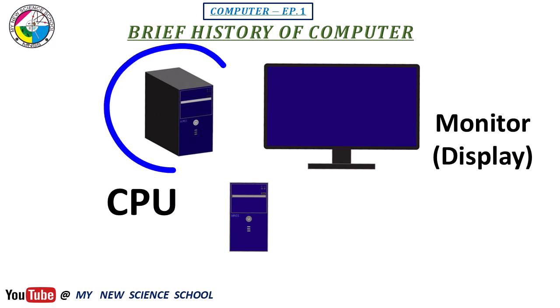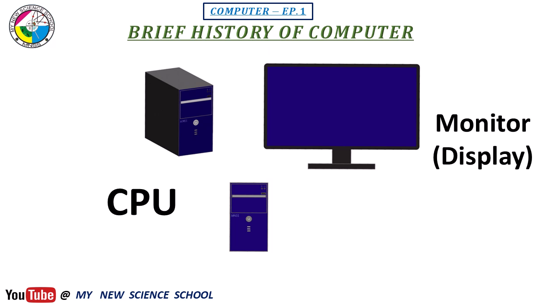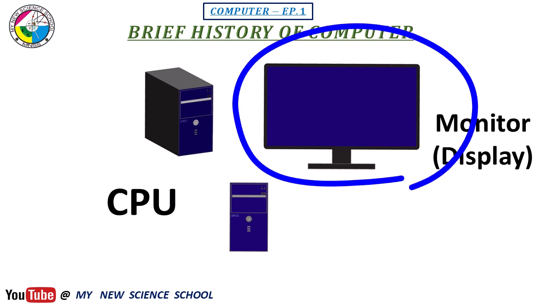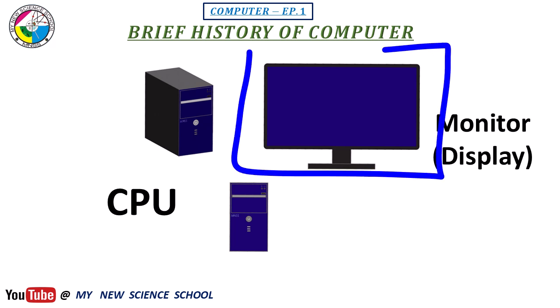This is the main computer. What you need to do is connect this display so that you can see what is happening in the computer. But this is not the real computer, because without it, the only limitation is that you cannot see what is happening, but it is still happening.